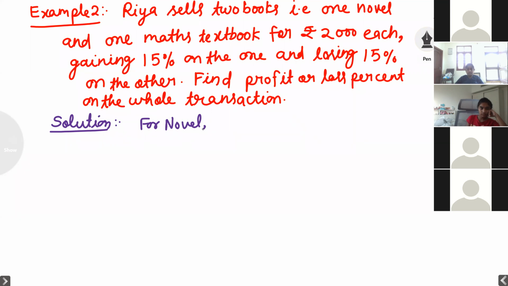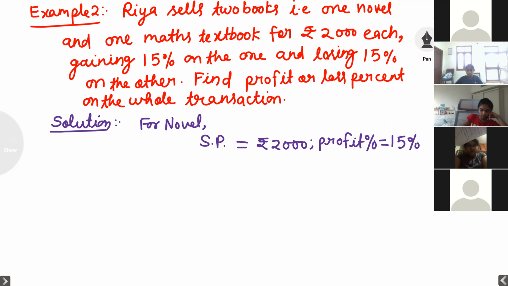I have given a very clear definition: anything we are selling, that is called SP. SP is equal to 2000 rupees. Yes, students are getting confused. Already she is selling, that is called SP. After that, profit percentage is equal to 15%.